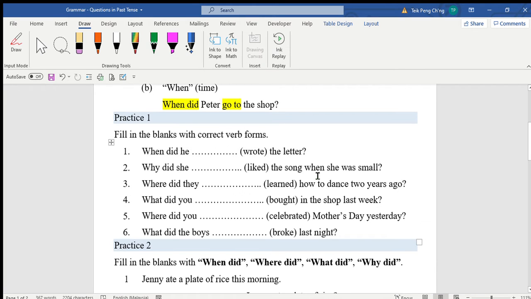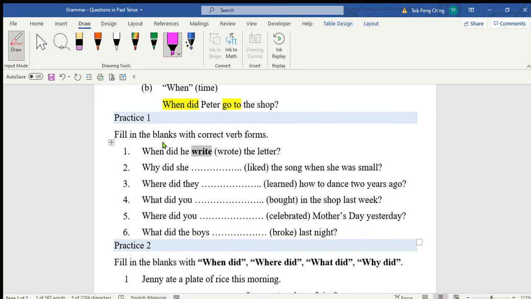Okay, what is the root verb? It is write. When did he write the letter? Wrote is past tense, but because of the word did here, you need to use the root verb. So you have to use write. When did he write the letter?